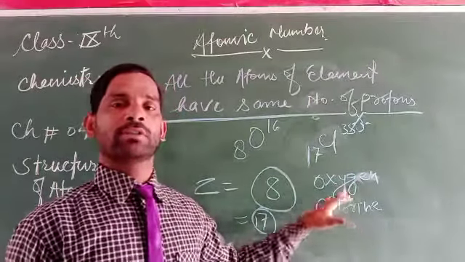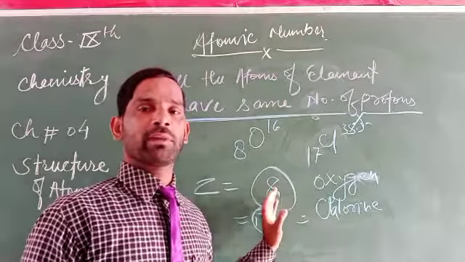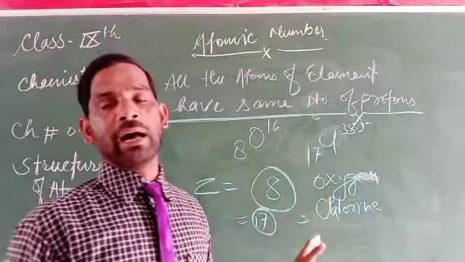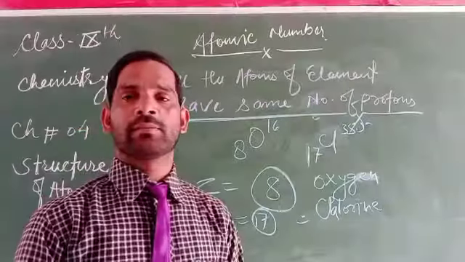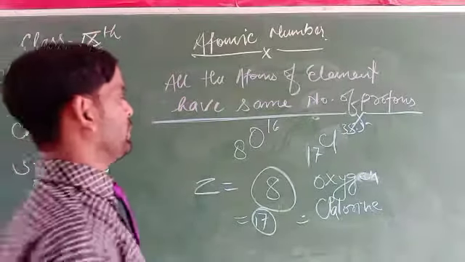Why? Because they have a different number of protons, so they have a different number of atoms in them. So they are different elements, because they have different properties, and no two elements can have the same atomic number.